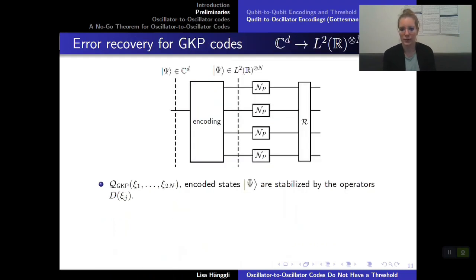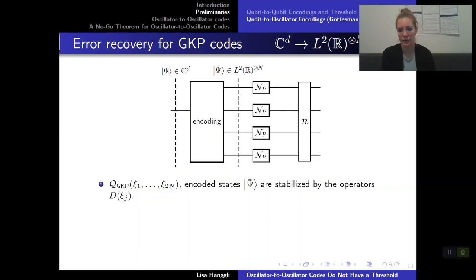So for error recovery, let's have a look at the general GKP code again. Here the input for our encoding circuit is a qubit state psi, which is encoded into a logical state psi-bar in the code space, which is now stabilized by the stabilizer displacements.